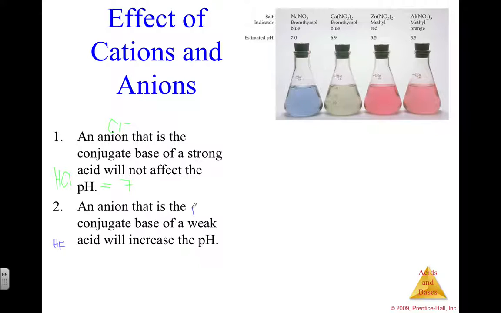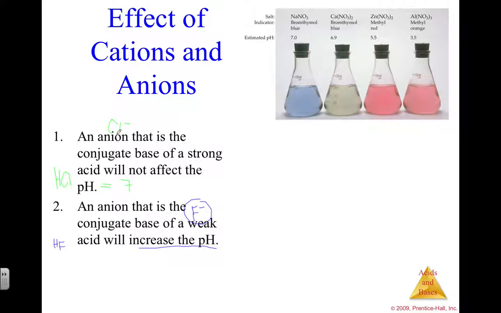It's fluoride, F minus. And it will increase the pH. Well, we understand that, right? HF is a weak acid. The conjugate base of a weak acid is a weak base. You could calculate a Kb here. Increase the pH, making it more basic. So that's really not too surprising.